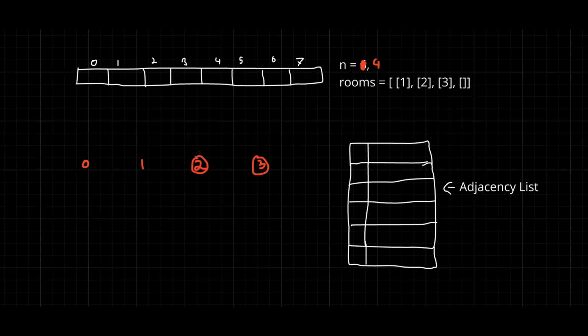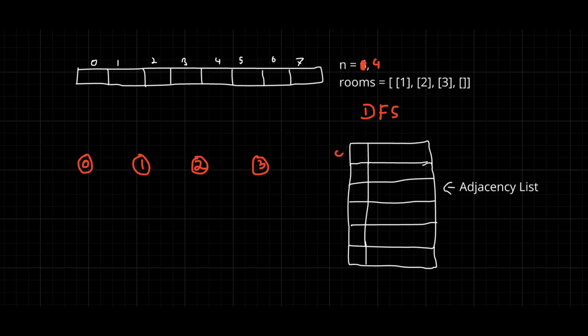So we have to determine whether we can visit all of the rooms by using the keys. Now, initially, we will solve this kind of problem by using the DFS algorithm. So for DFS, we need an adjacency list in which we can determine from any room which rooms we can travel to.